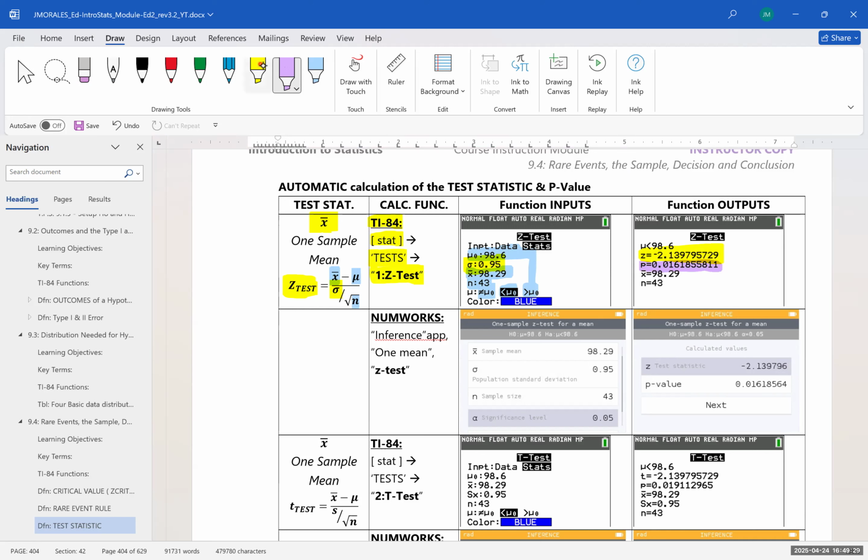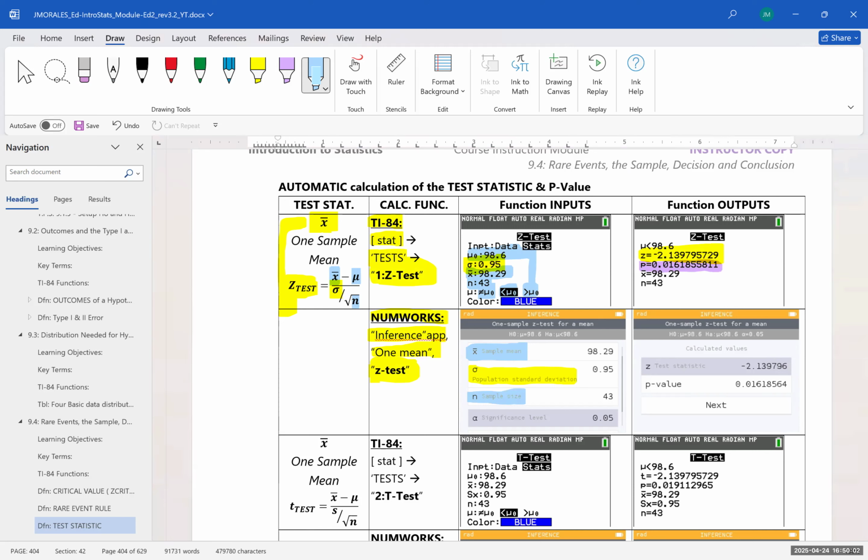Now on the NumWorks calculator, when you're trying to calculate the same thing, you're going to go to the inference app, go to one mean, and do a z-test. So notice that these are both z-tests on both calculators. And you can see it's asking for the same information: the sample mean, the population standard deviation, the sample size.